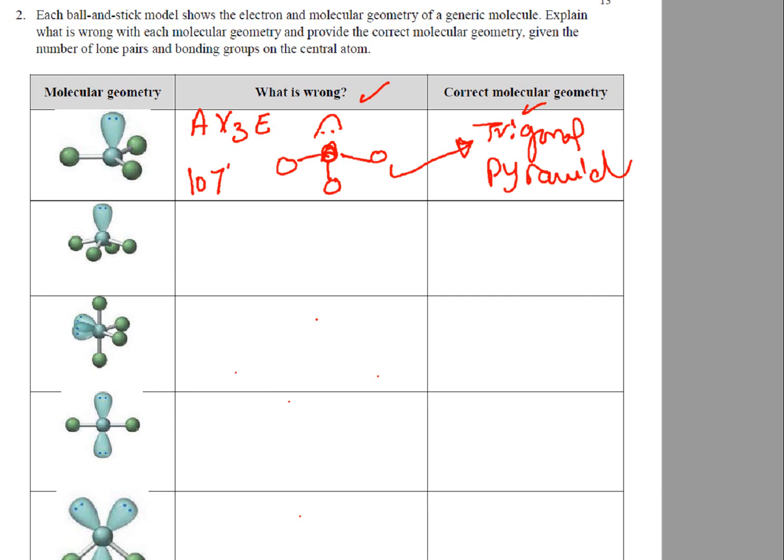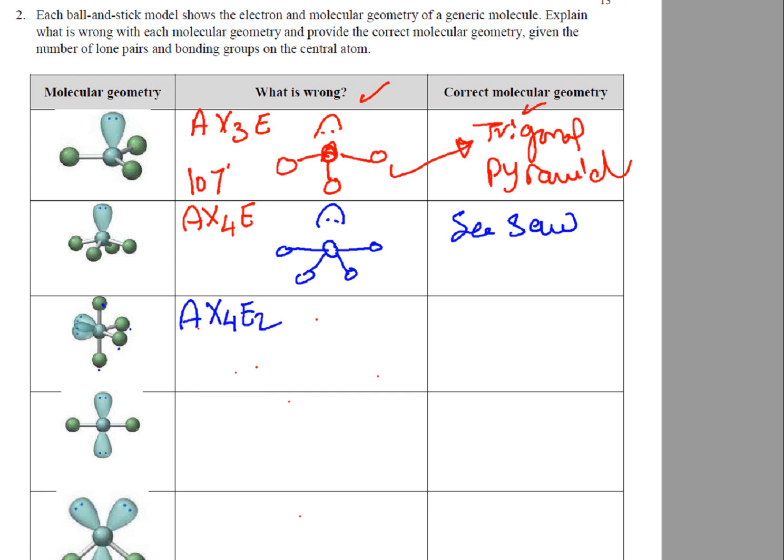Here, the central atom is surrounded with 4 atoms and 1 lone pair, so it is the type AX4E. So the normal geometry should be trigonal bipyramid, but the presence of 1 lone pair is going to alter the shape. The correct shape of the molecule is called seesaw. This, according to what's given here, is of the type AX4E2.